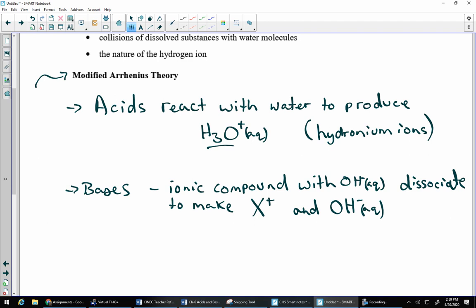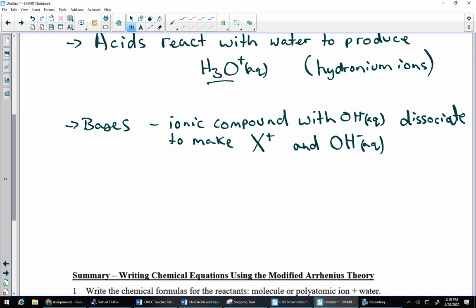It could be sodium, magnesium, anything. So a cation and OH negative. That's typically what we call our strong bases, which we'll get to later in the course: ionic compounds that dissolve really well to form OH negative.